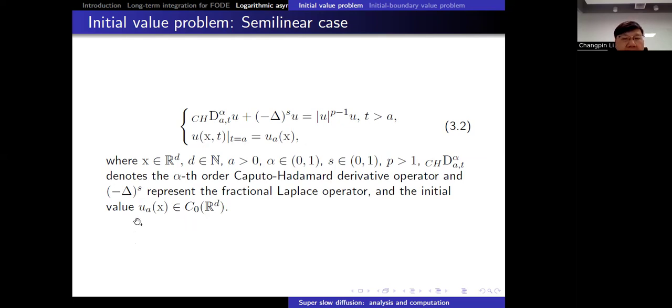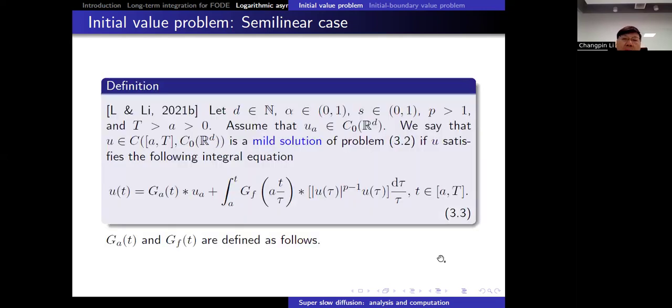This means u_a of x is continuous in the whole domain, but u_a of x approaches 0 when the norm of x approaches infinity. For this model, this is the nonlinear term, but it is a semi-linear model.